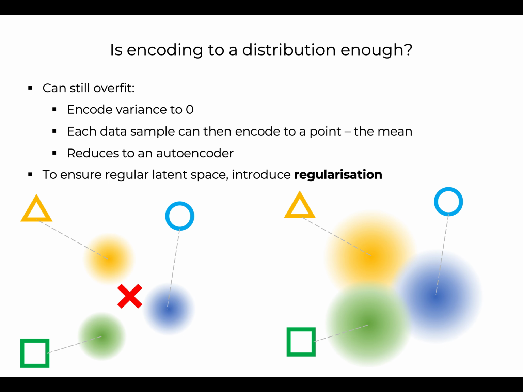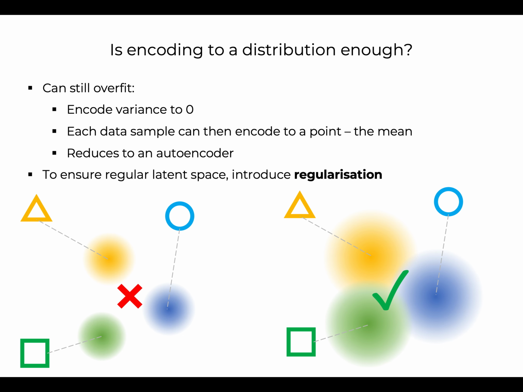So we have a well-defined decoding, and as we move around, we should gradually transition from the edge, for example, of the triangle distribution into the edge of the square distribution. So we'll reach a region that's a low probability triangle and a low probability square, and then we can move between those two parts of the space. So this would be a desirable latent space.